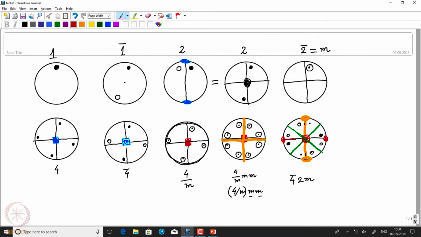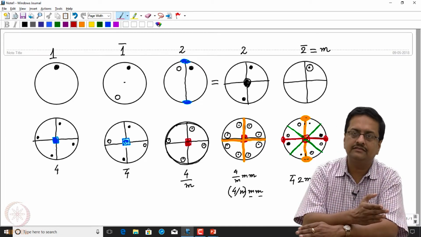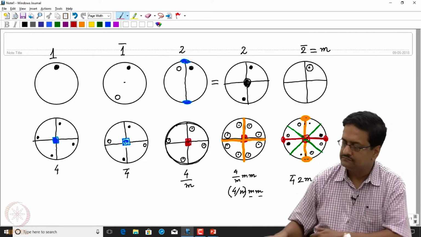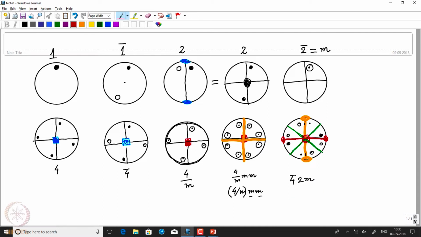So we have two twofolds, one along x, another along y, and then we have two mirrors bisecting the x and y direction as this and that. So this particular diagram indicates the point group 4 bar 2M.